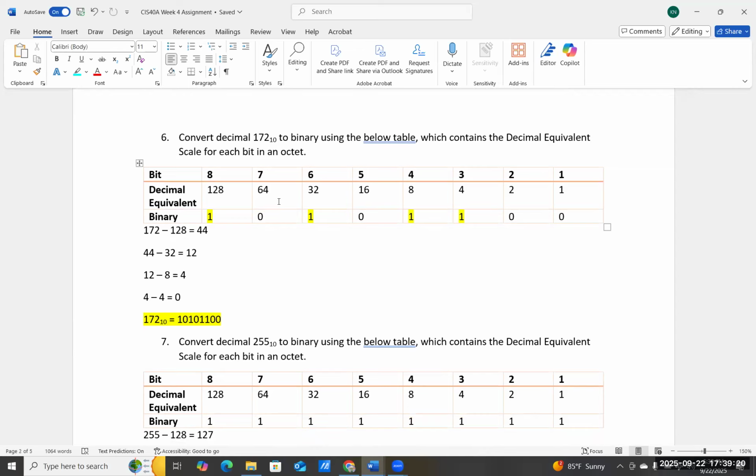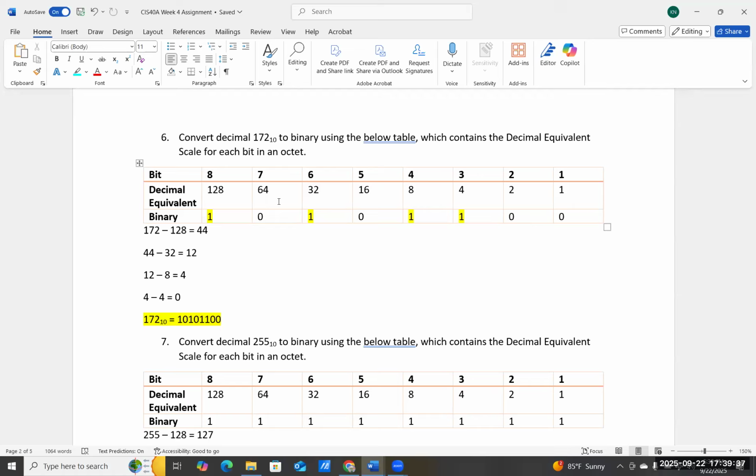Once I have 12, I go down, because 32 was the last one I subtracted. Can 12 subtract 16? No, too small. Put a 0, and go down to the next bit. Can 12 subtract 8? Yes, 12 is larger than 8, so 12 minus 8. As I subtract it, I put a 1.